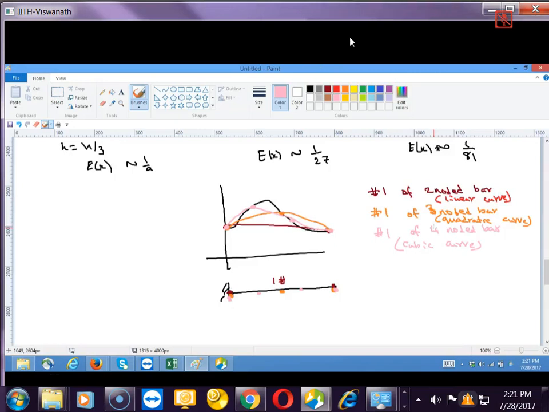And accordingly, if you have n number of nodes, let's say if you have n noded bar, we can construct an n minus 1 complete polynomial based approximation.